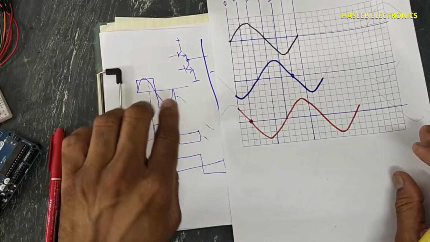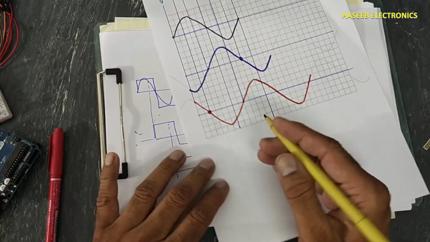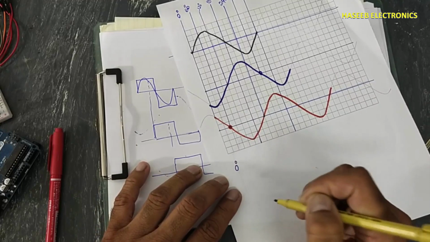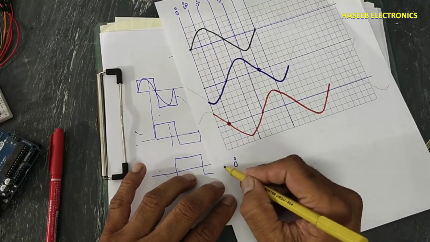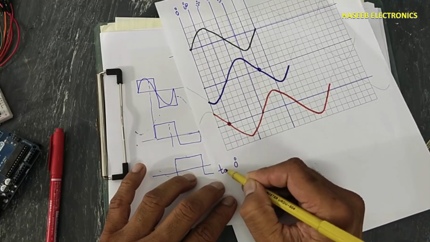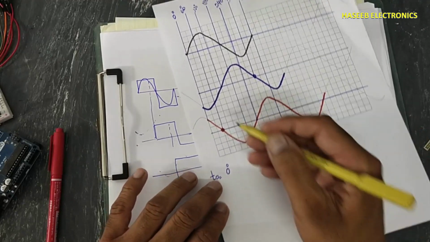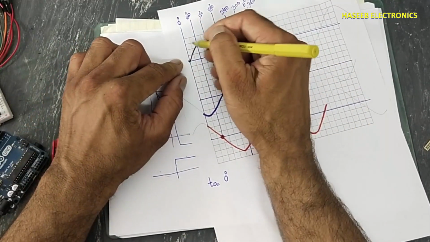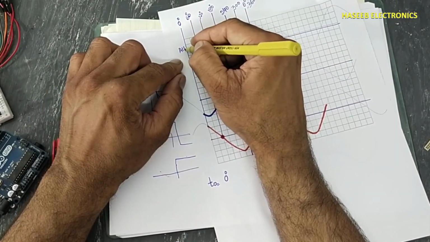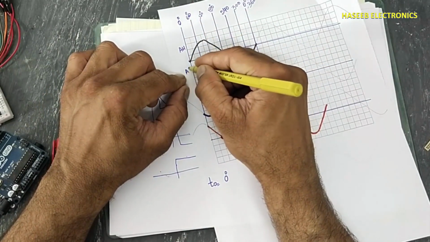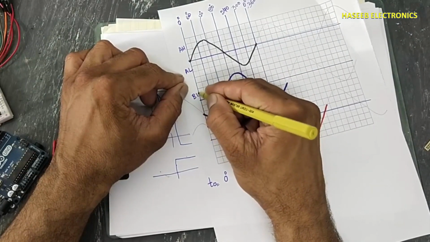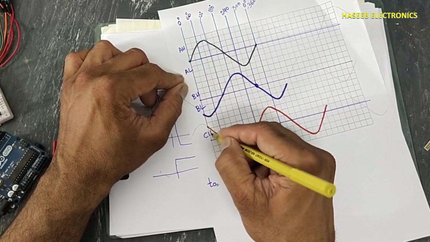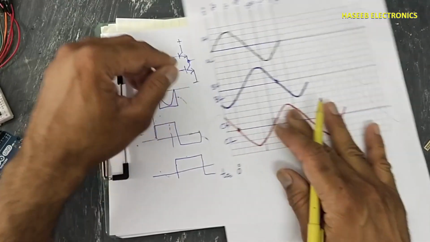Let's make this signal at 0 degree. When timer is starting, T0, at T0 we can say A high, A low, B high, B low, C high, C low.